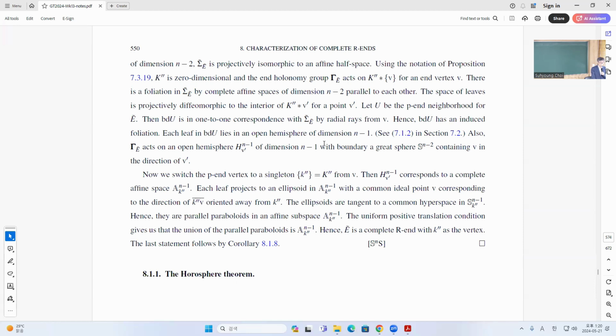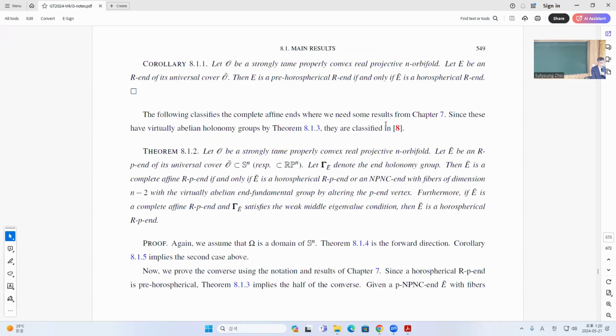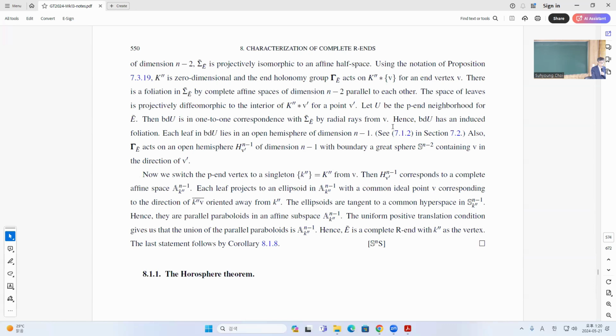Okay, so this involves understanding the result of this in subsection 7. Okay, so we look at this K double prime, which is 0-dimensional, and we have B act on this K double prime.